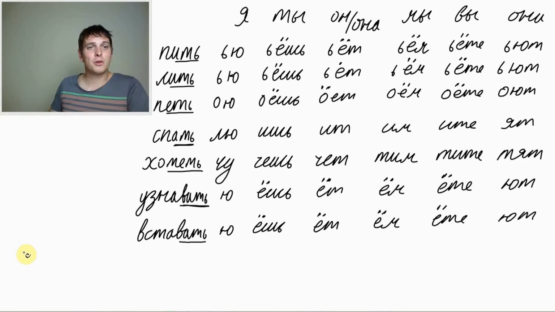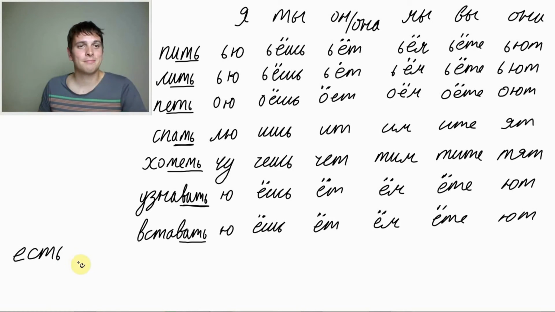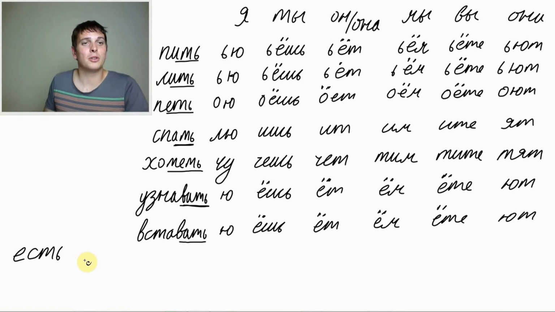And one of these verbs is a very important one, is to eat. The verb, as you will find it in the dictionary, would be есть. Есть is to eat. And because there is no pattern, I will just give you the real words, the way it is written. So, I'm eating, я ем.